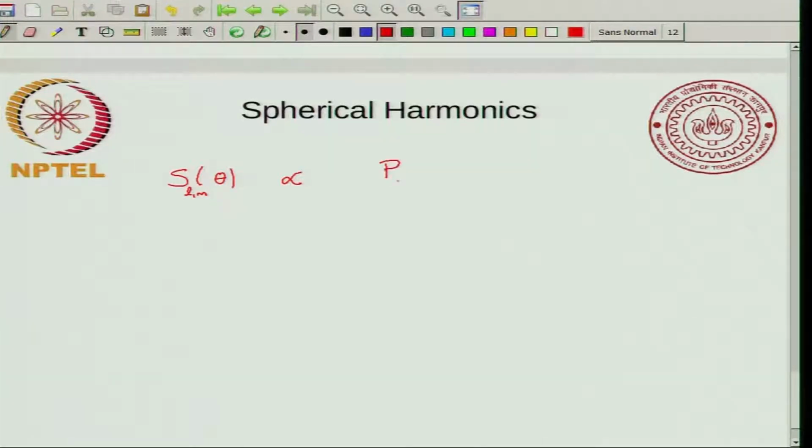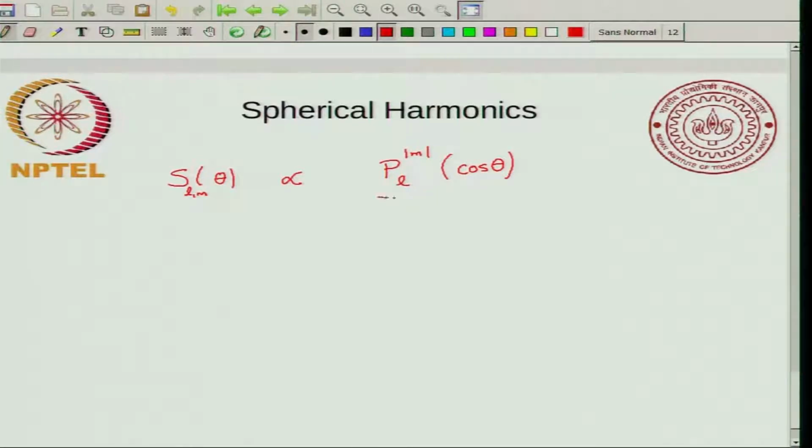P L m of w. You remember that the variable in which we wrote the associated Legendre equation was w, which is cos theta.